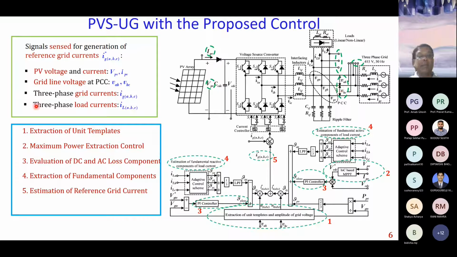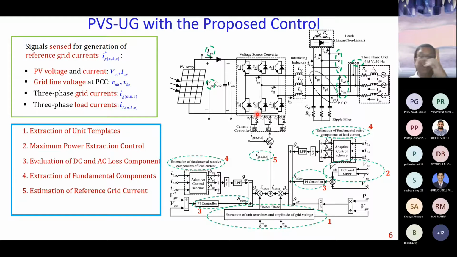And we have the three-phase grid currents, IG ABC. So we measure all those grid currents here. And we have the three load currents, ILABC, the nonlinear loads connected at the point of common coupling.